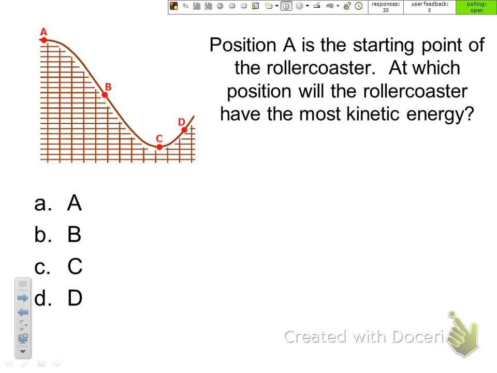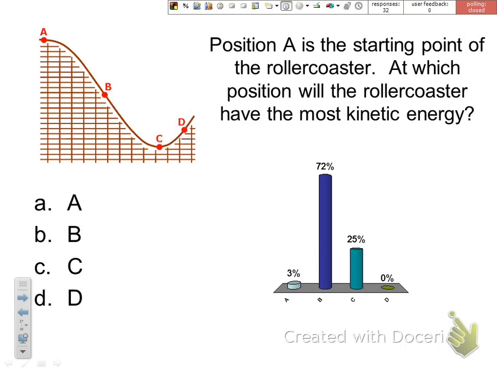I need final answers in 3, 2, 1. Somebody's missing out. All right, there we go. All right. The correct answer is C. Okay? At point C, listen.